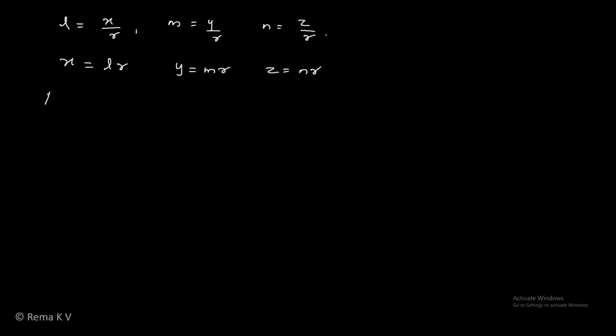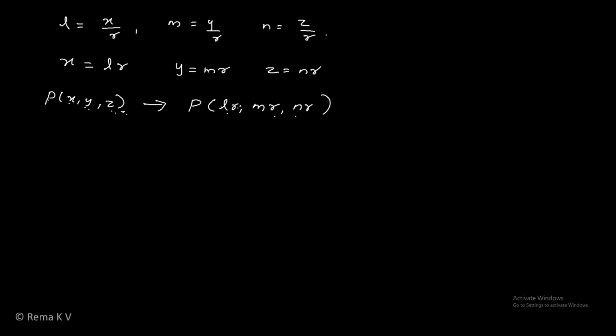So the coordinates of the point P, x, y, z, can be represented by L r, M r and N r. We are considering a point P, x, y, z, and from that we are making all these definitions; the coordinates of the point with respect to the x, y and z axes can be represented by L r, M r and N r.